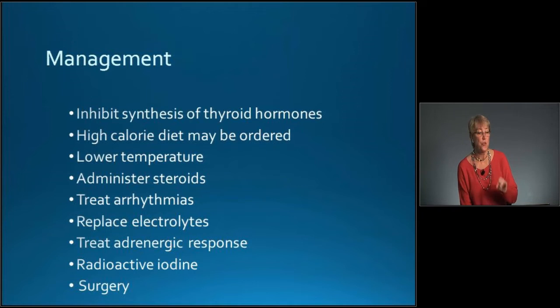We'll take measures to lower the temperature, administer steroids to manage that inflammatory process and the immune process because it is an autoimmune disorder. Treat arrhythmias, maybe with beta blockers, for instance. Replace electrolytes as needed. Treat adrenergic response. Again, that is that tachycardia, so we may again give them a beta blocker here.